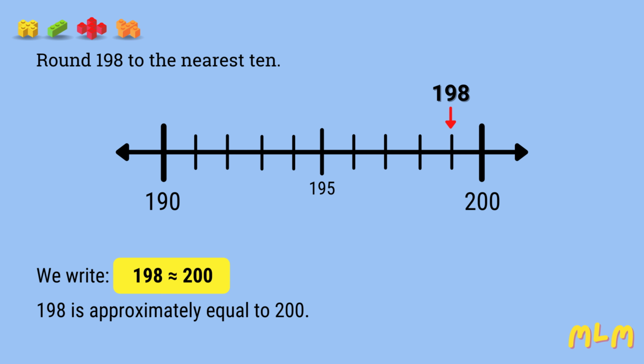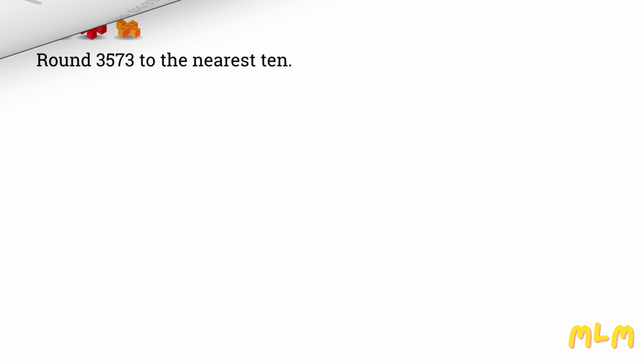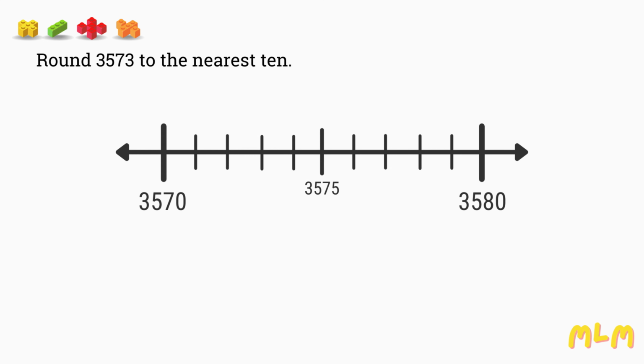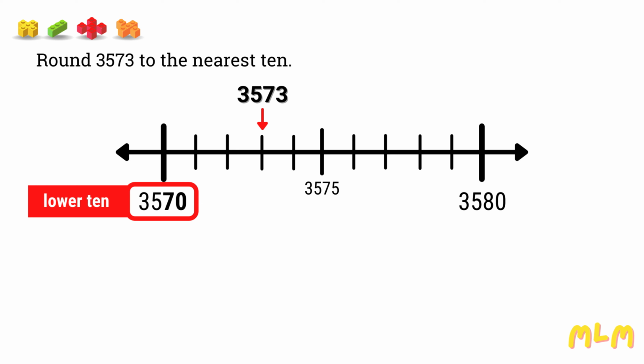Let's proceed to the next example. Let's round 3,573 to the nearest 10. Again, when rounding a 3, 4, or more digits to the nearest 10, we focus on the tens place. What are the lower and upper tens of 3,573? 3,570 is the lower 10 and 3,580 is the upper 10.